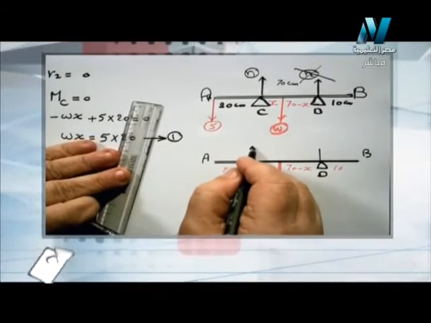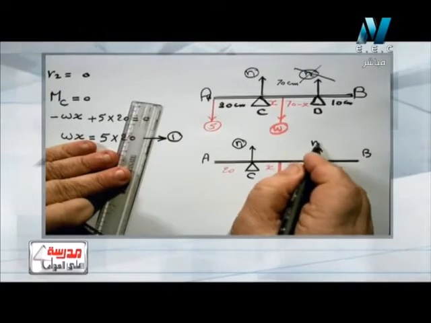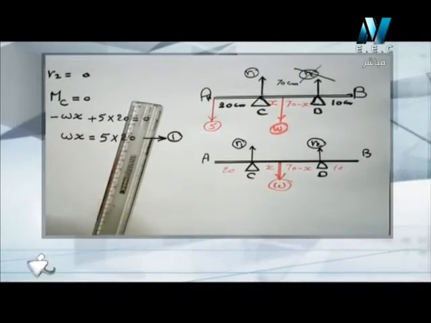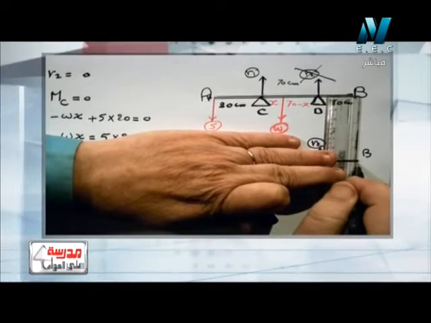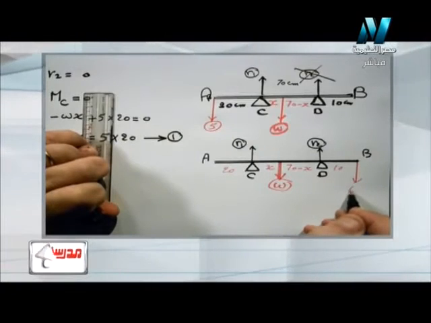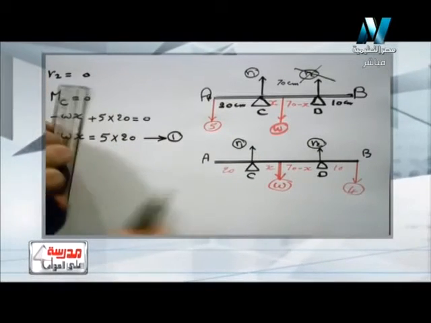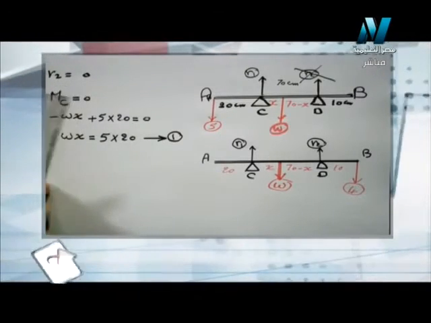R1 و R2. بس المرة دي قال ايه؟ Very good. قال the maximum weight at B is 4. وده maximum weight at B is 4. It means that what?